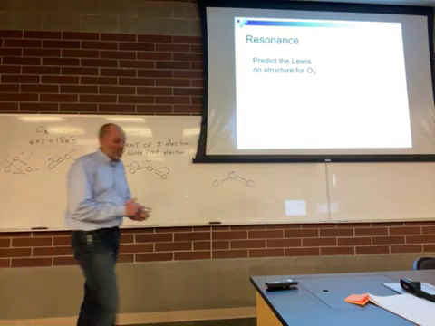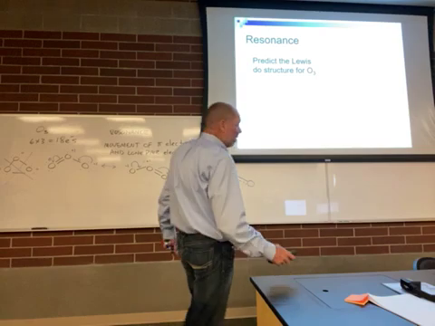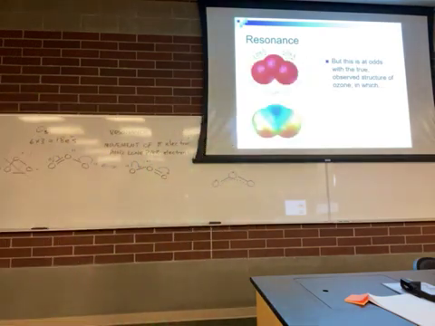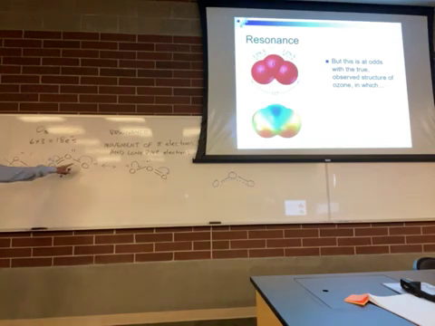So the correct structure for ozone actually looks not like that, but like that. And experimentally, we know that these bonds are identically the same length, 1.278 angstroms. That's shorter than a single bond, and a little bit longer than a double bond. So it is somewhere in between.